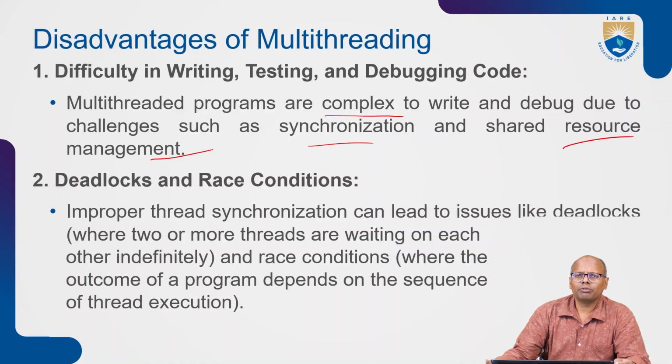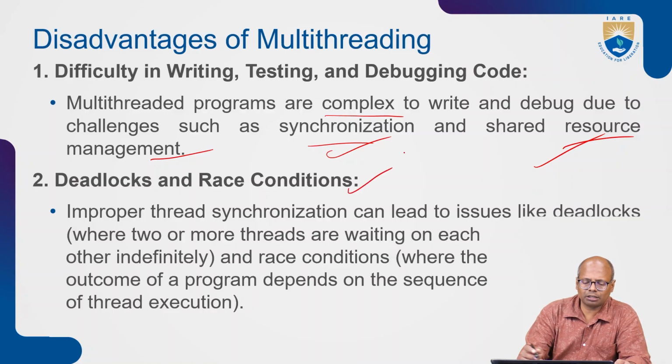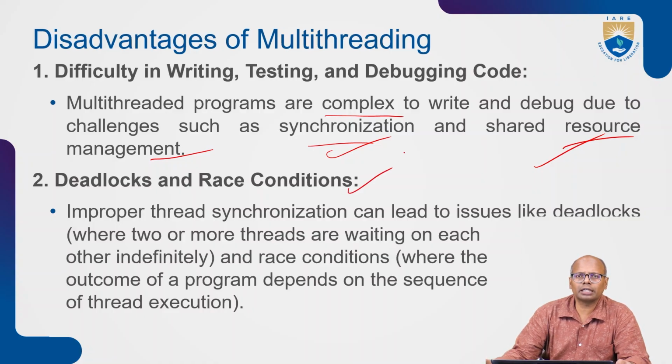While we are doing the main coding, side things like synchronization and resource management also take some additional coding. In that way, the code becomes a little complex. On the other hand, we are getting the advantage of smooth running, but the background work becomes a little difficult. Then there is a chance of deadlocks and race conditions.